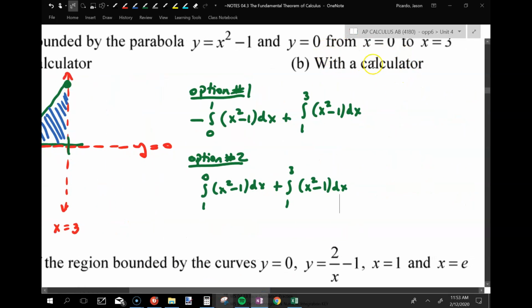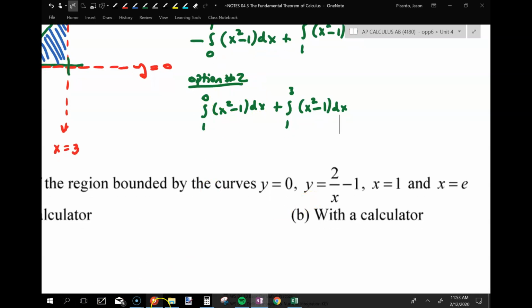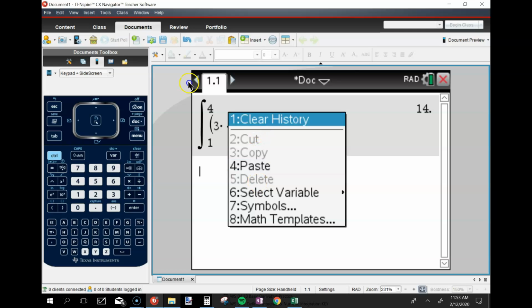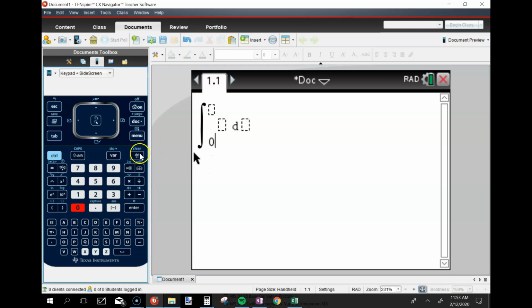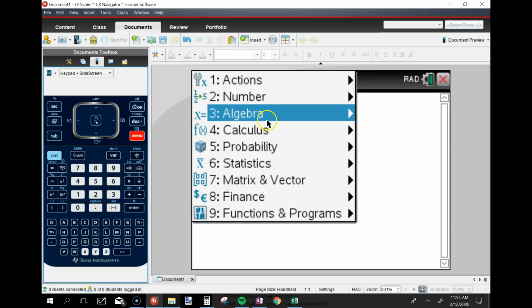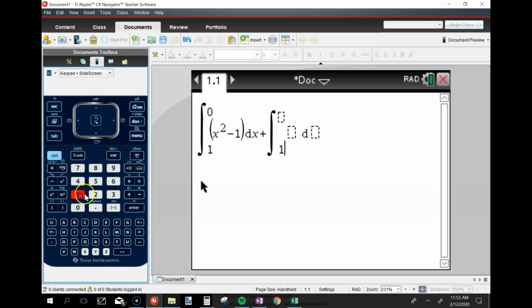Now, this also says I can use a calculator, right? Well, how would I put this in the calculator? Exactly the way it looks. So suppose we did option 2, from 1 to 0. Boom, right?